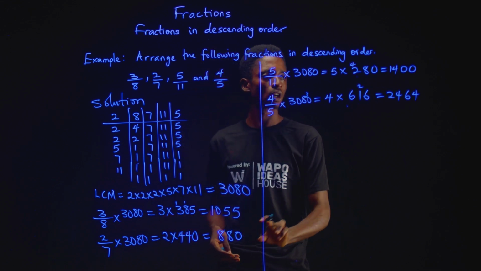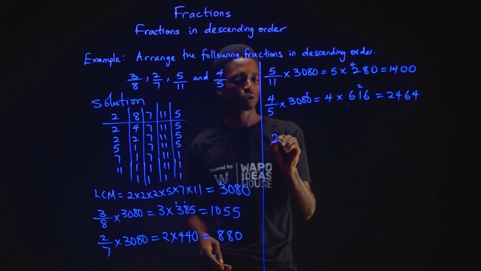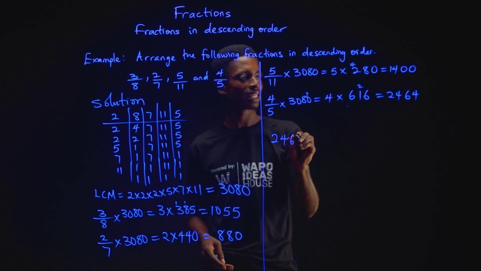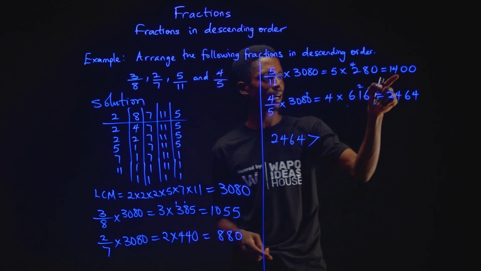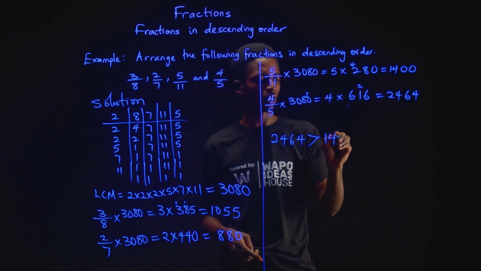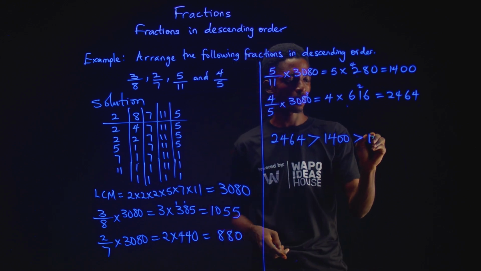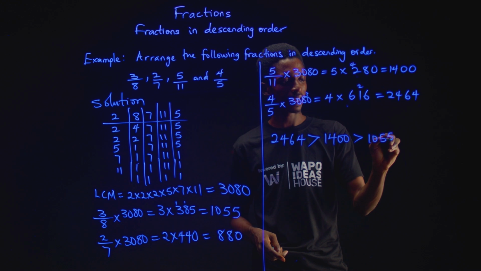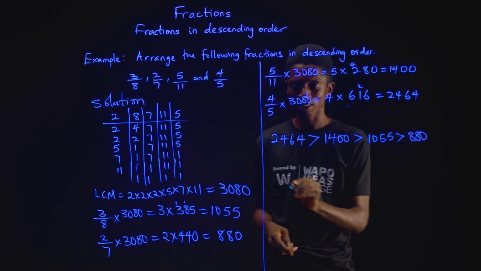Of these 4 results, our biggest number is 2464, which is greater than the number 1400, which is greater than 1055, and then greater than 880.